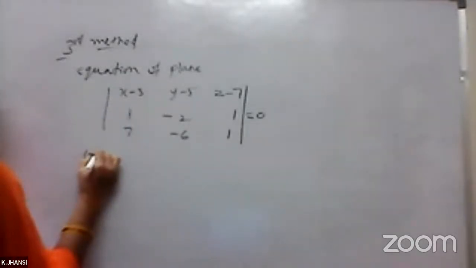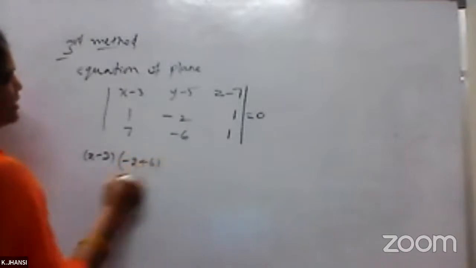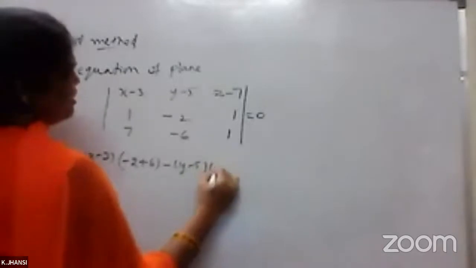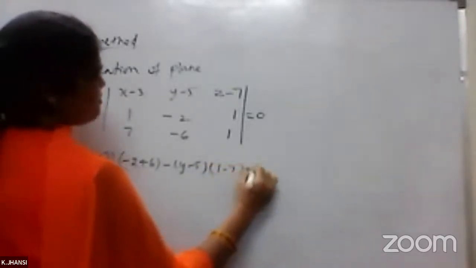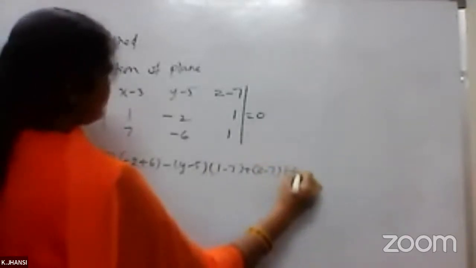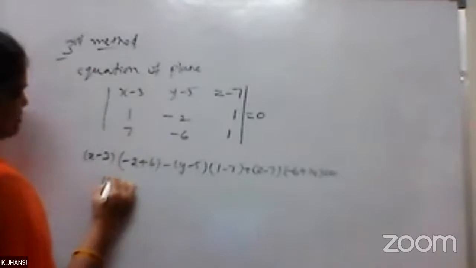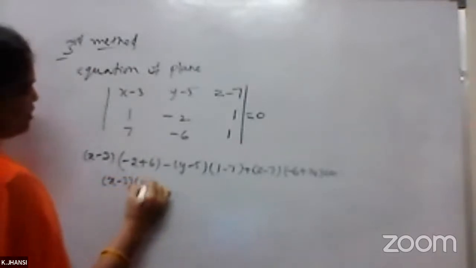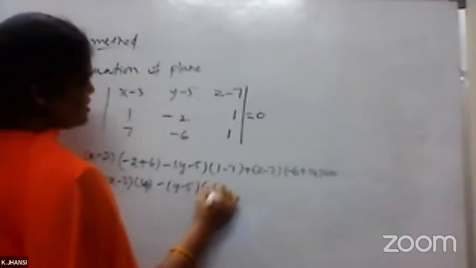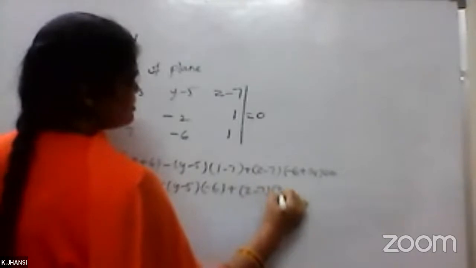So it is x minus 3 into minus 2 plus 6, minus y minus 5 into 1 minus 7, plus z minus 7 into minus 6 plus 14 is equal to 0. So it is x minus 3 into 4, minus y minus 5 into minus 6, plus z minus 7 into 8.